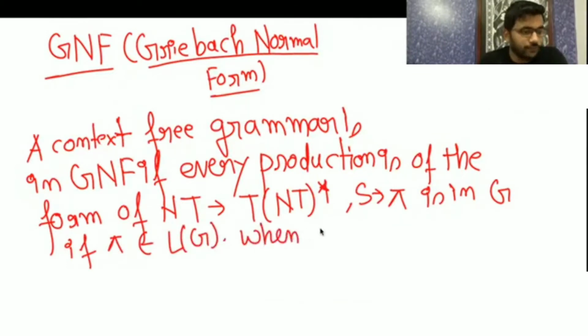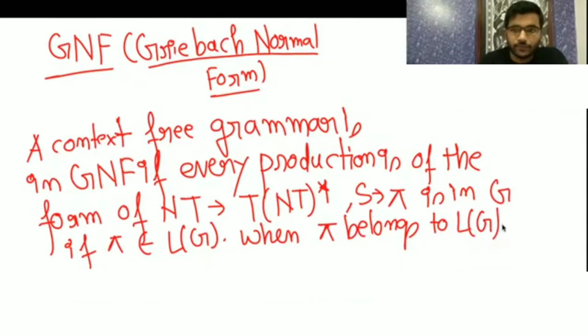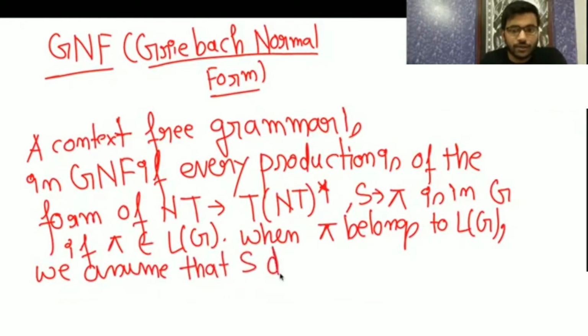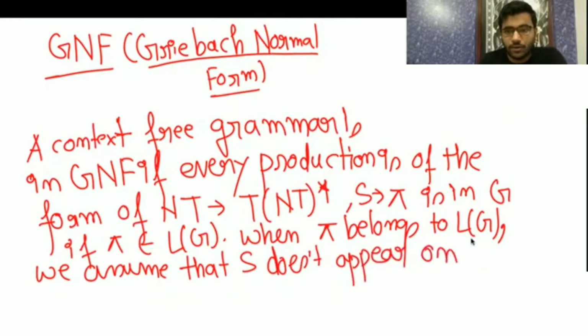When pi belongs to L(G), we assume that S does not appear on the right hand side of any production.